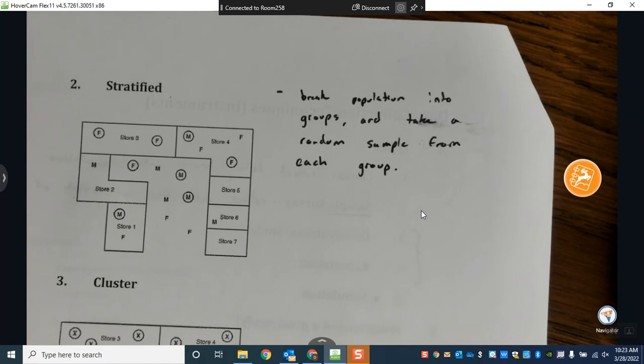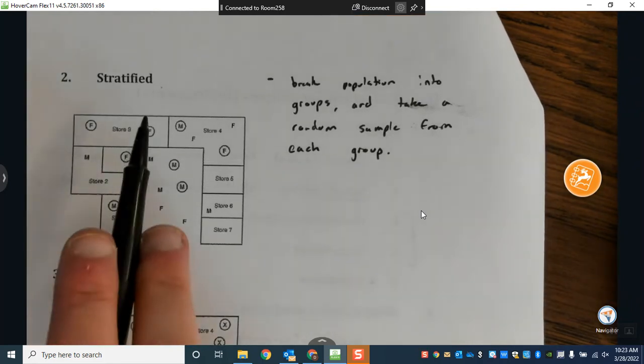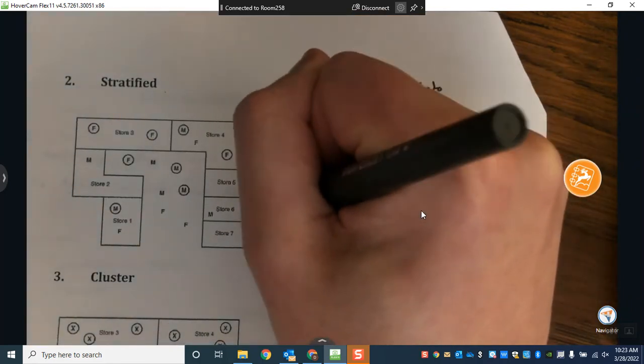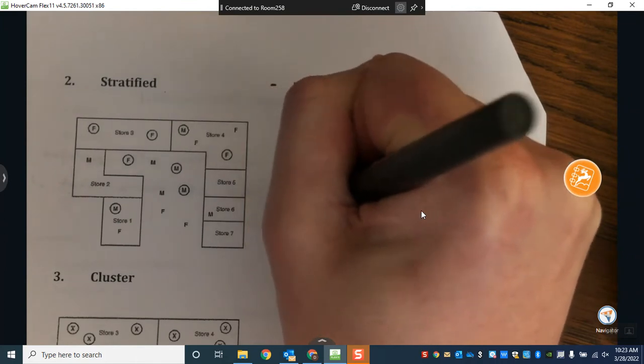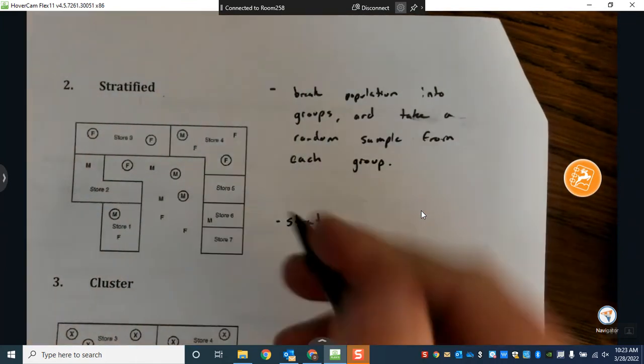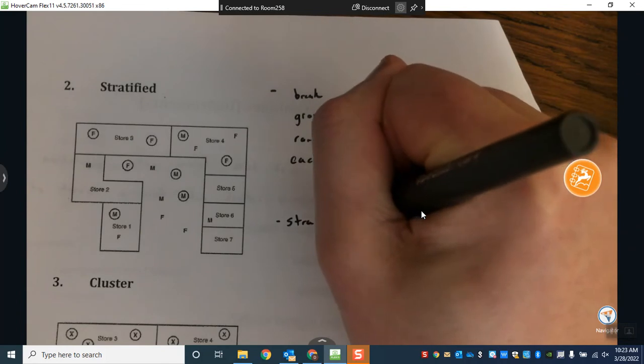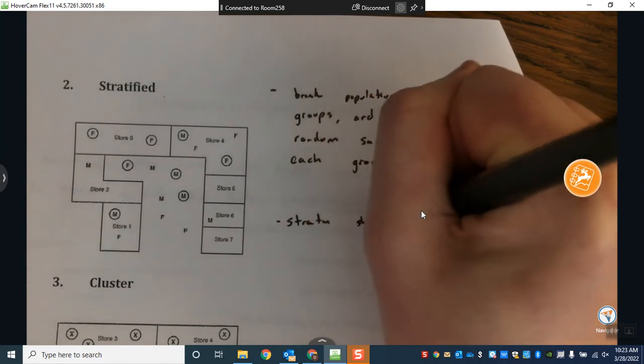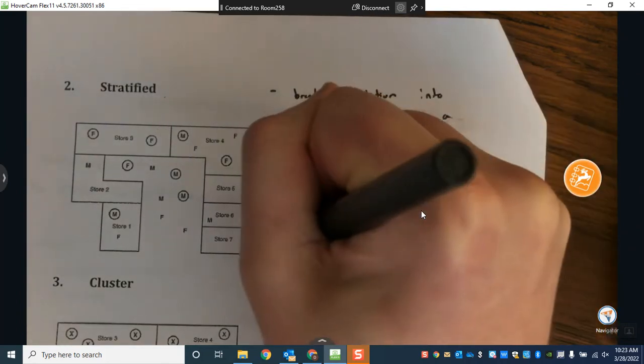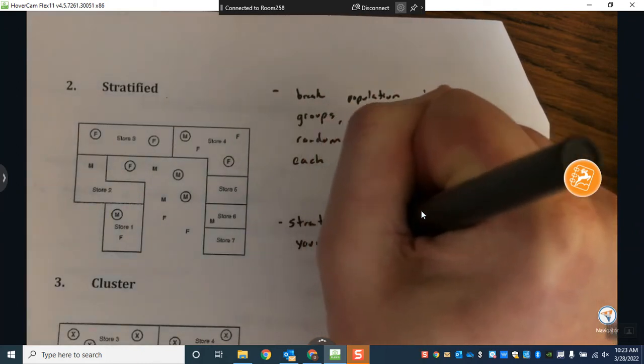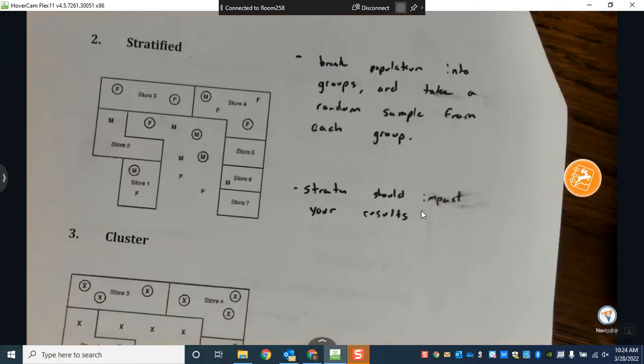Whenever you're stratifying, you want to make sure that your strata, that's what these groups are, should be impacting your results. So you don't want to stratify by something that doesn't matter.